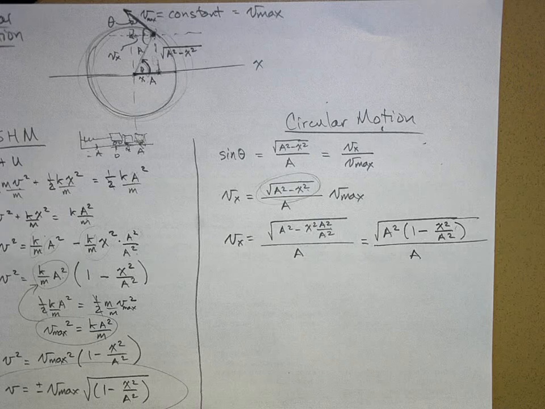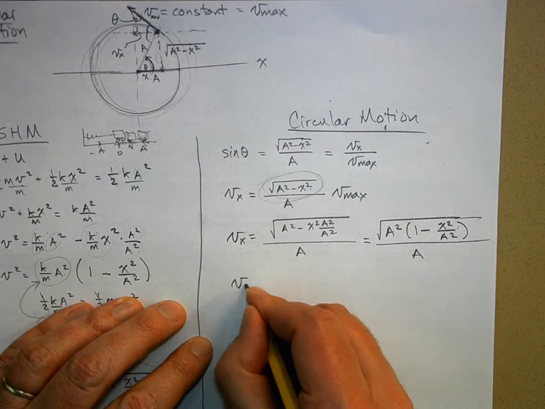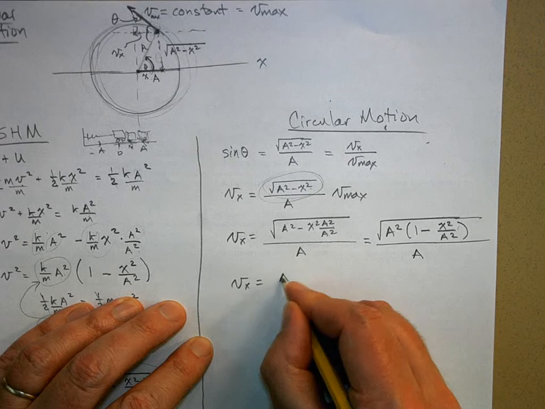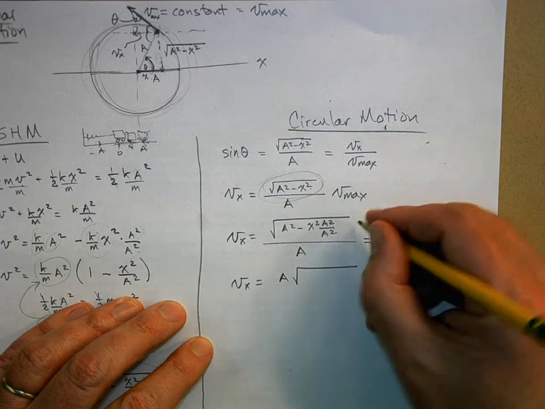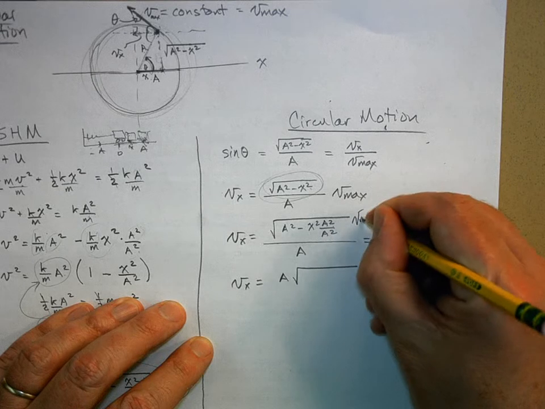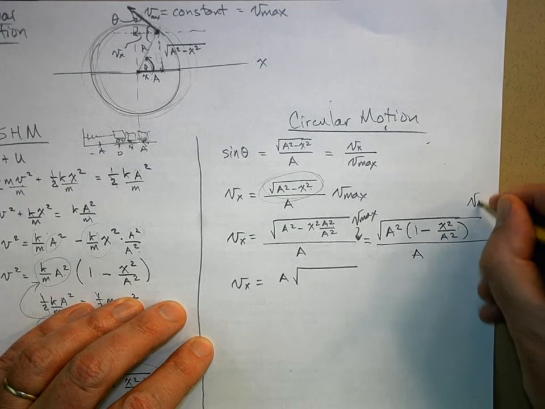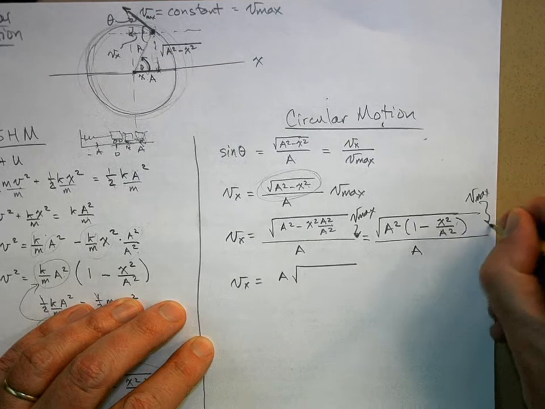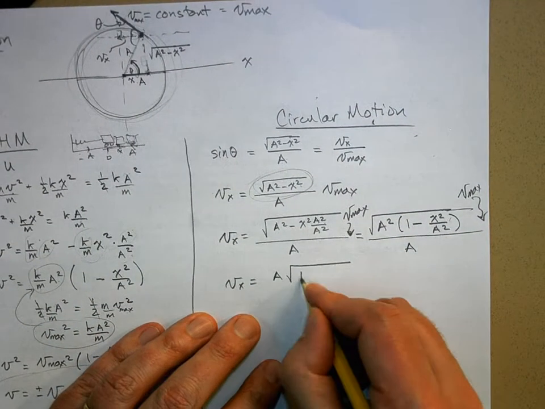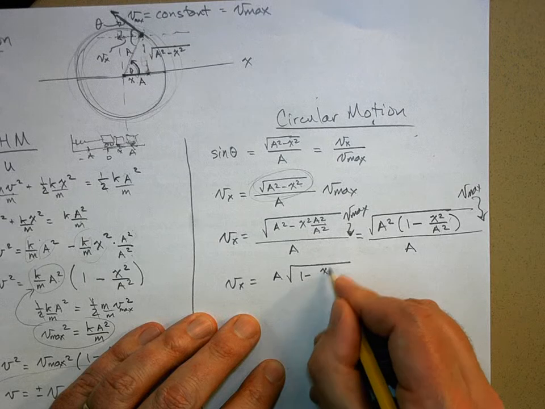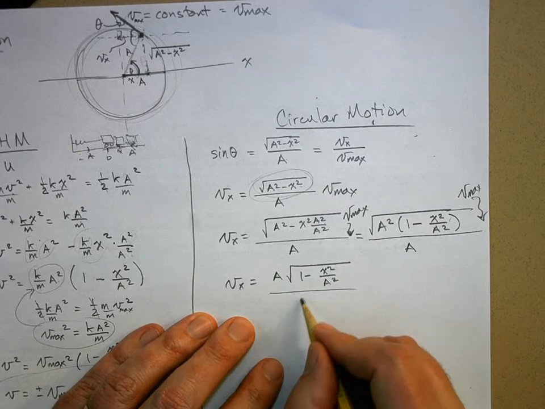Well, what's the square root of a squared? It's a. So Vx is equal to a times the square root of 1 minus x squared over a squared, divided by a. Oh, that cancels out.